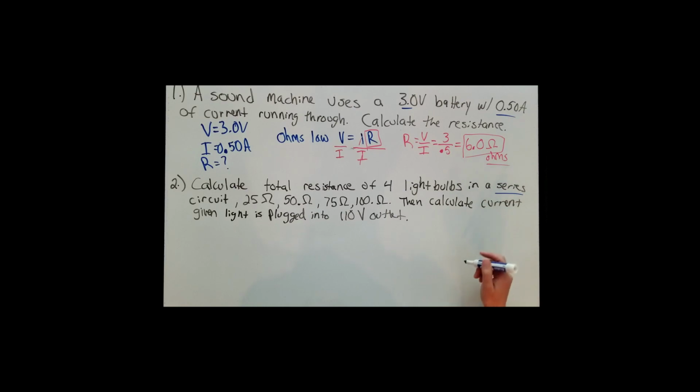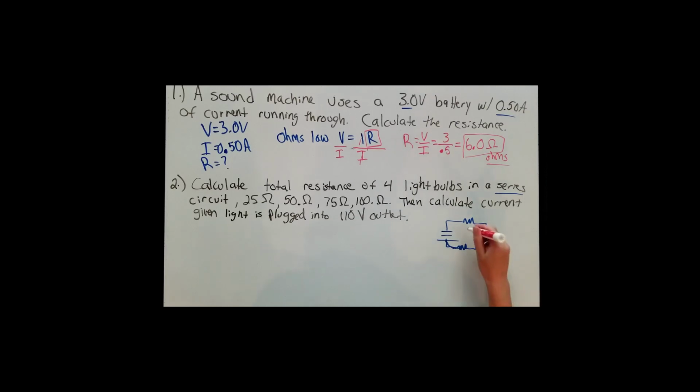When we look at series, these 4 light bulbs, how we represent it, here's our voltage. We have an R1, an R2, an R3, and then an R4. Those squiggly lines, this is how you're going to see them on the exam. The series circuits will be represented like this.